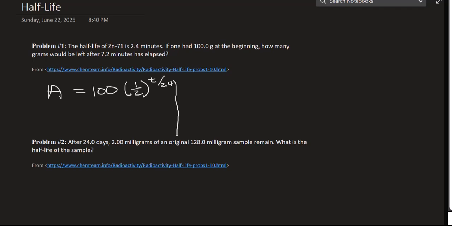And so in this instance it says after 7.2 minutes, so we can say 100 times 1/2 to the 7.2 over 2.4, which is 3. So this is A equals 100 times 1/2 to the 3rd. And that gives me 12.5 grams.